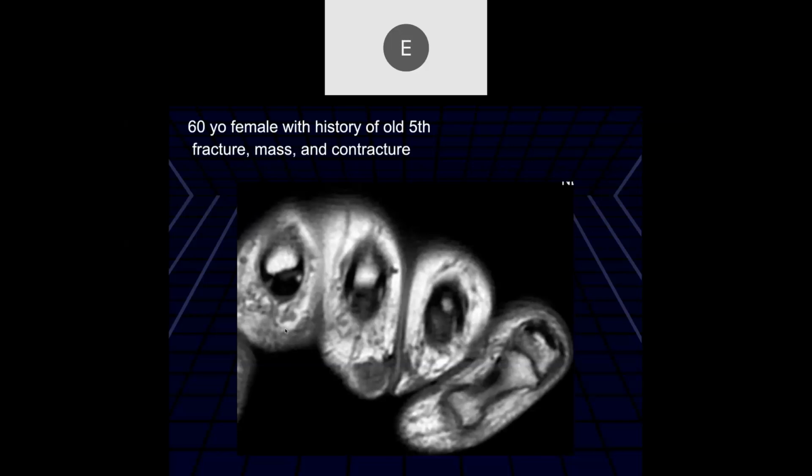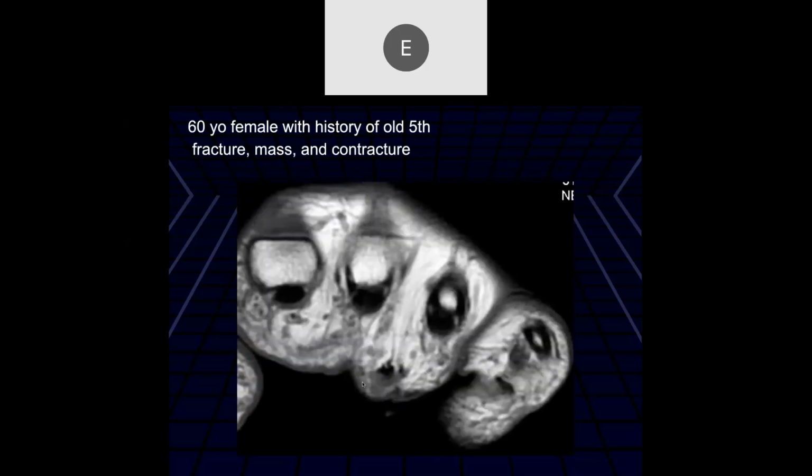60-year-old female, history of old fifth fracture, mass, and contracture. Similarly to that previous case, on the palmar aspect of the third digit, this nodular, low signal looks like fibrosis. More proximally, some more nodular thickening there.